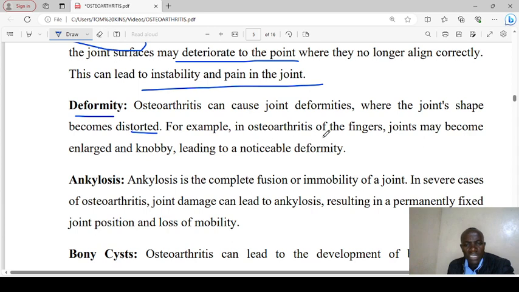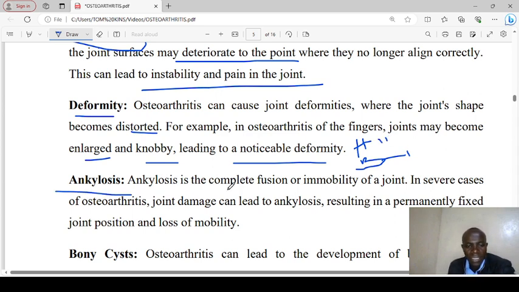So in osteoarthritis of the fingers, for example, joints may become enlarged or knobby, leading to a noticeable deformity, where we have been talking of the Heberden's and the Bouchard's nodes. The Bouchard is proximal, whereas the Heberden is distal, away from the body.